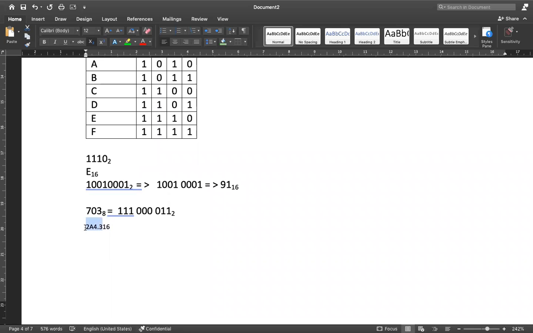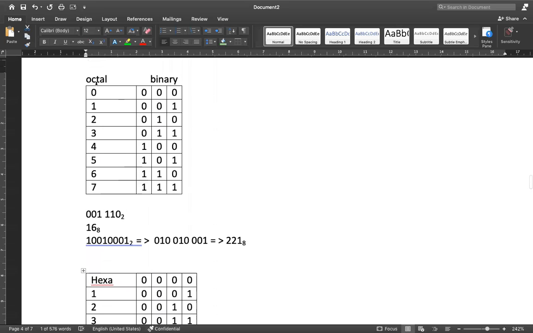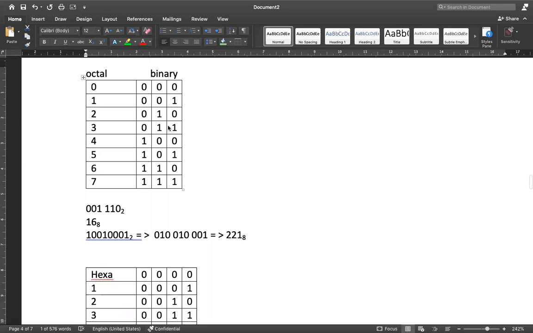If it is octal, you have to write 3 by 3. 3 means here 0 1 1. For hexadecimal, it is 0 0 1 1. For octal, 0 1 1. 3 digits.